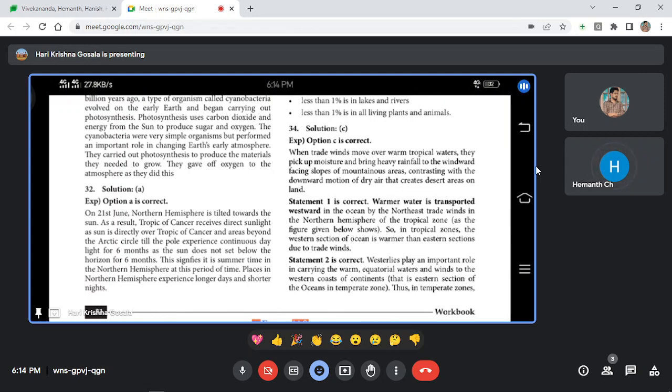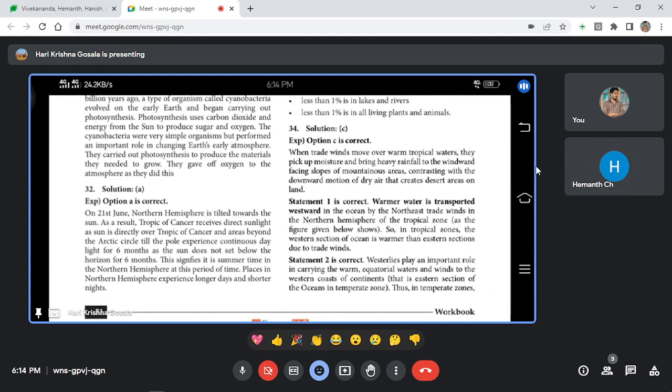When trade winds move over warm tropical waters, they pick up moisture and bring heavy rainfall to the windward slopes of mountain areas, contrasting with the downward motion of dry air that creates desert areas on land. Statement 1 is correct.